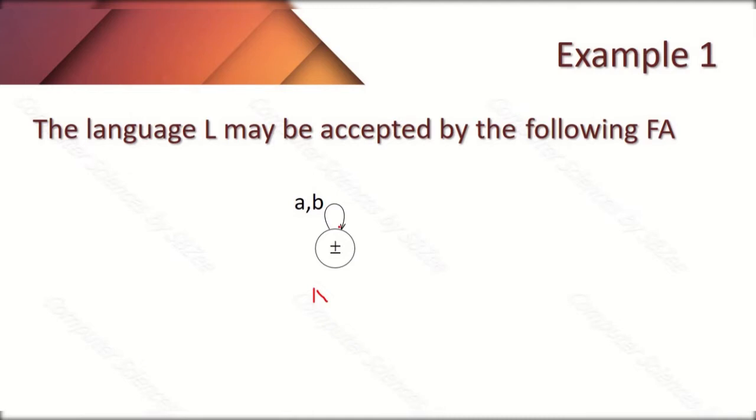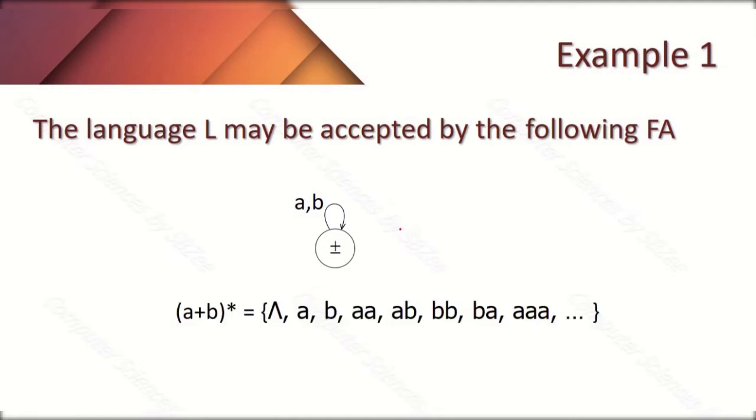If we want length 2 words, we move along that edge 2 times and then stop the machine. We can generate all the words in the set from this finite automata: lambda, length 1 words a and b, length 2 words aa, ab, bb, ba, length 3 words and so on.